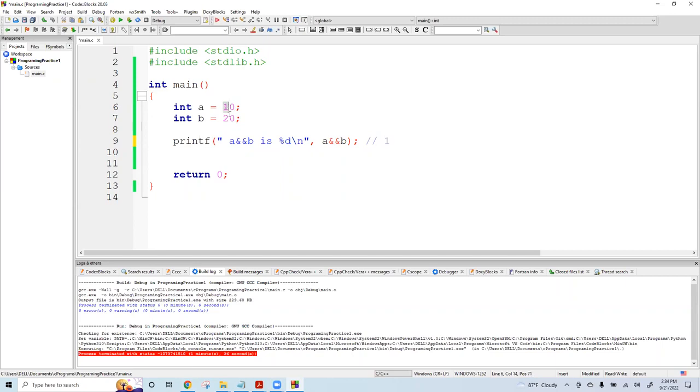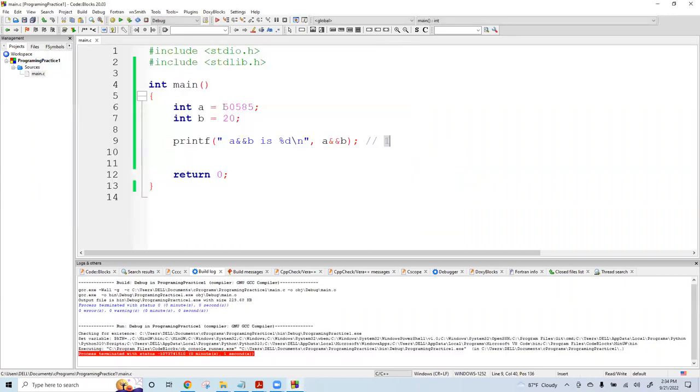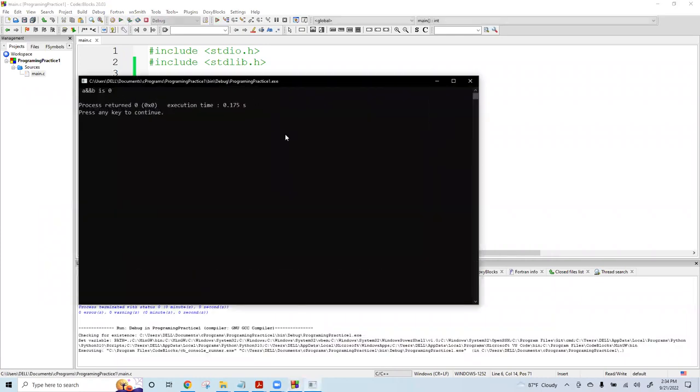So if you change any values, whatever the values, if they are non-zero, then this would be 1. But if one of these values is 0, then the result would be 0.